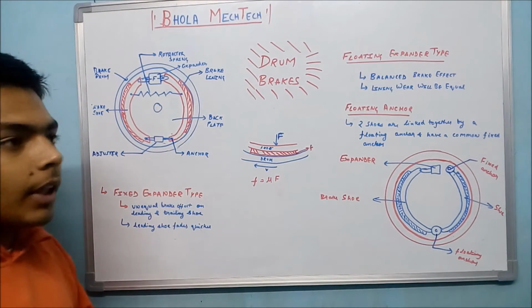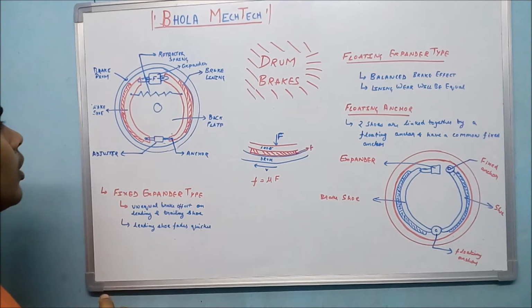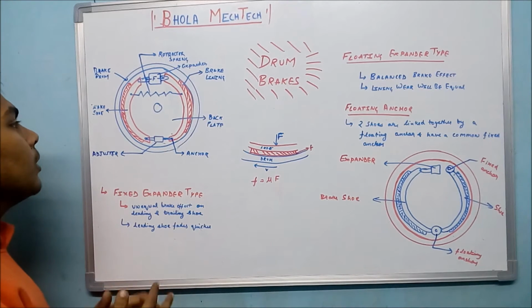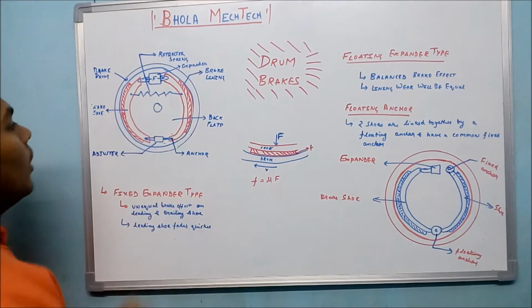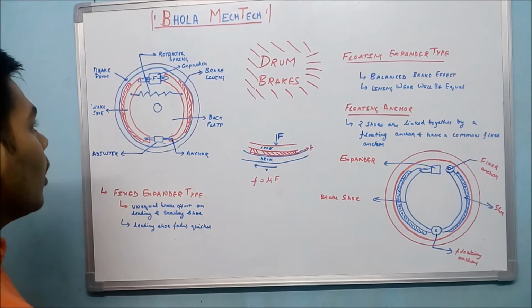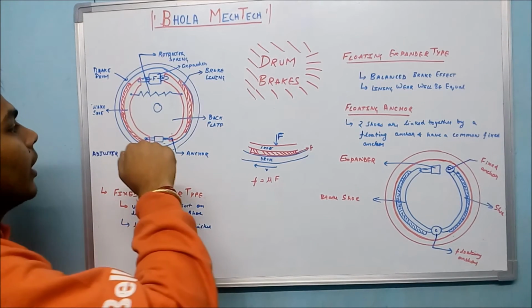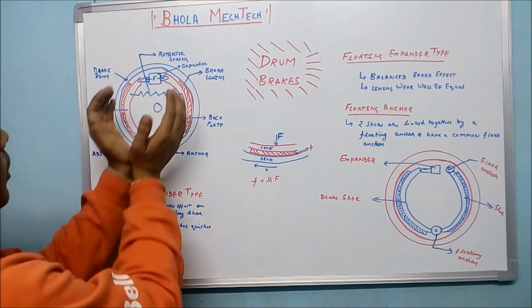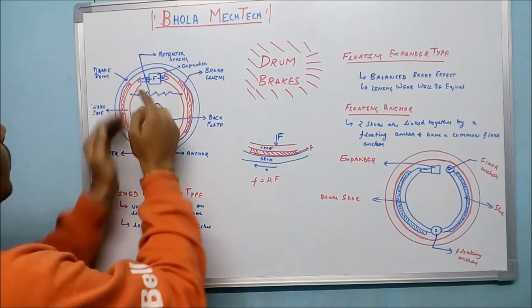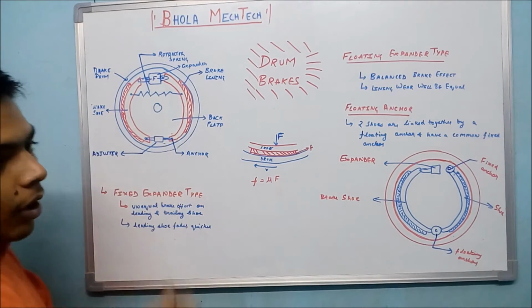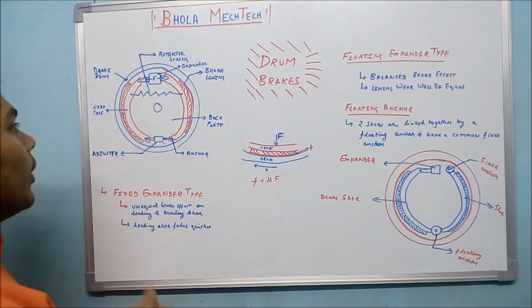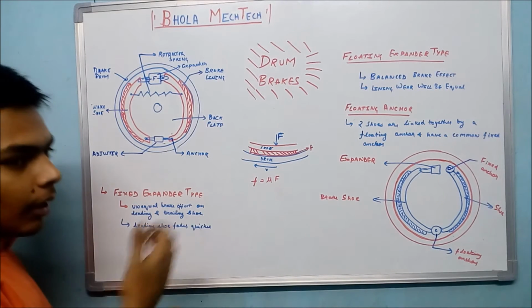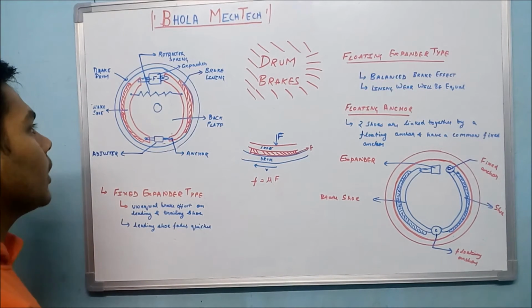The hydraulic expander uses a hydraulic mechanism to exert force on the brake shoes. Now the retracting spring. The retracting spring will retract the brake shoes to their initial position, so that when they are actuated, they can come back to the initial position.